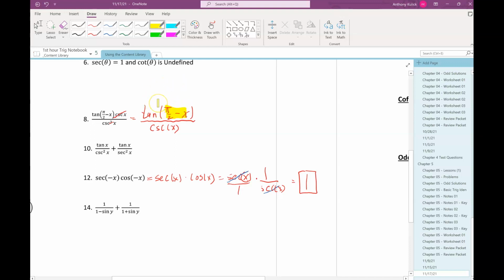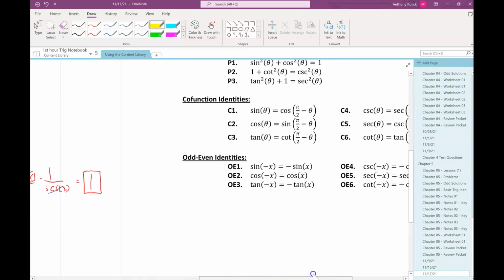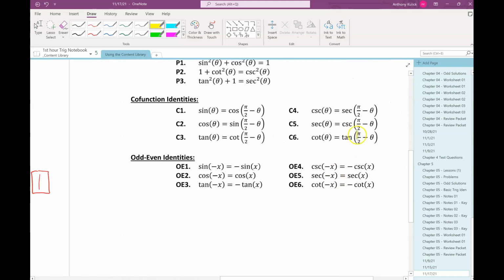So I'm going to look for an identity that has a pi over 2 minus x inside of a tangent. So I see it right here. So I can replace that all with cotangent.